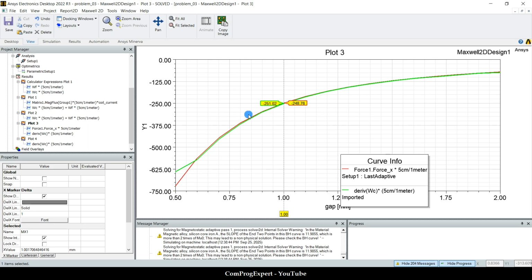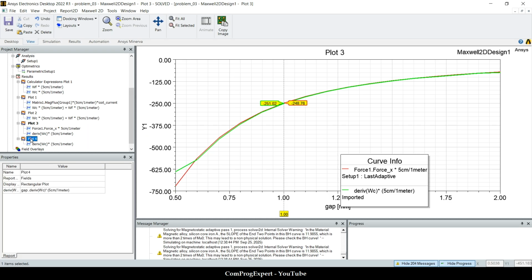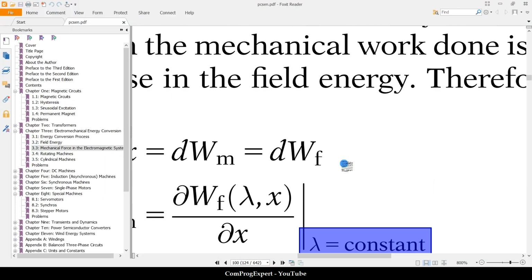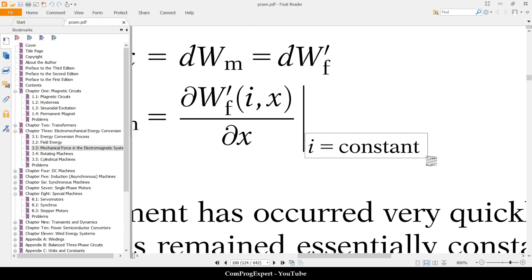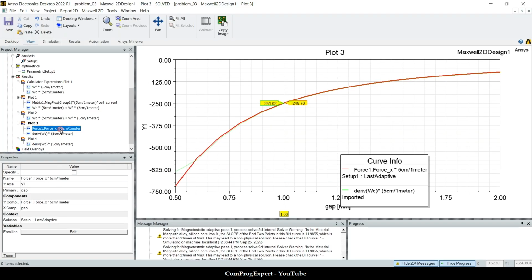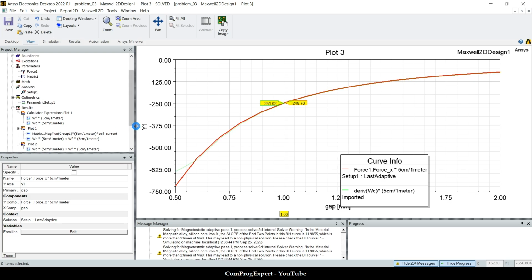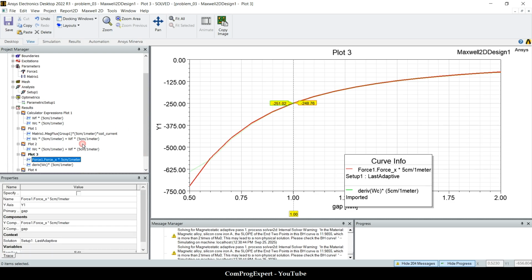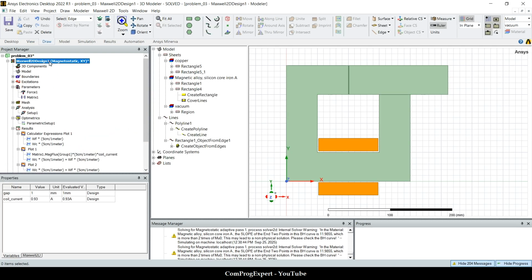Okay, so as you can see here, we calculated the force using the co-energy formulation because the current is constant, and we did a constant current parametric simulation and compared the force that is calculated by ANSYS Maxwell. So both results are the same.